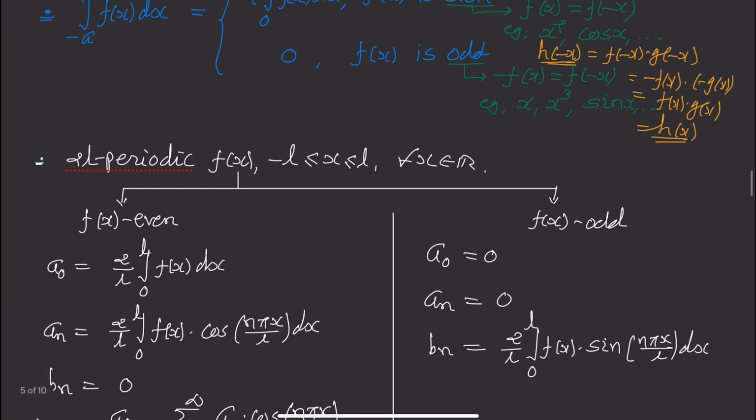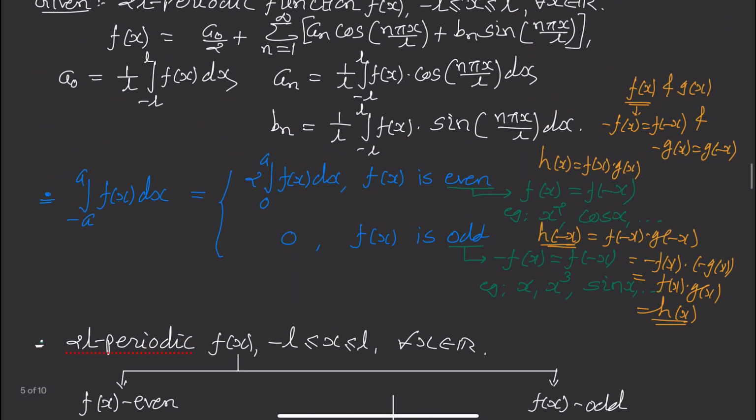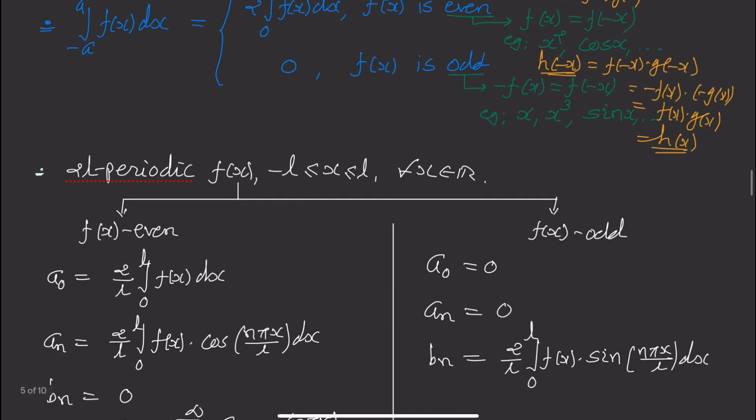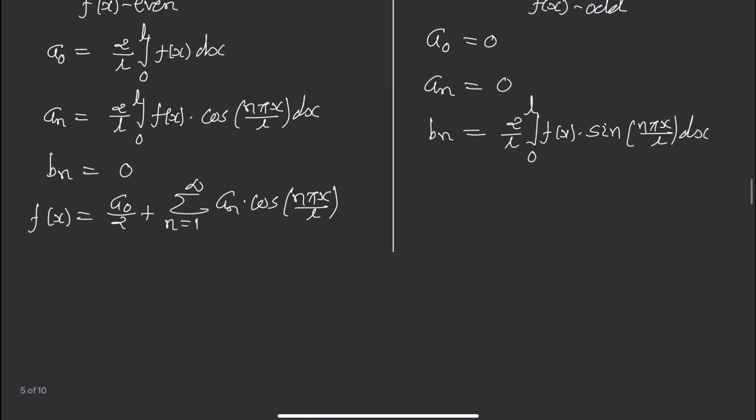Now in this case a0 is 0 and an are 0, so a0 by 2 becomes 0 and an cos n pi x upon L becomes 0, and so in this case the Fourier series is f of x is equal to only summation n is from 1 to infinity bn into sine n pi x upon L.